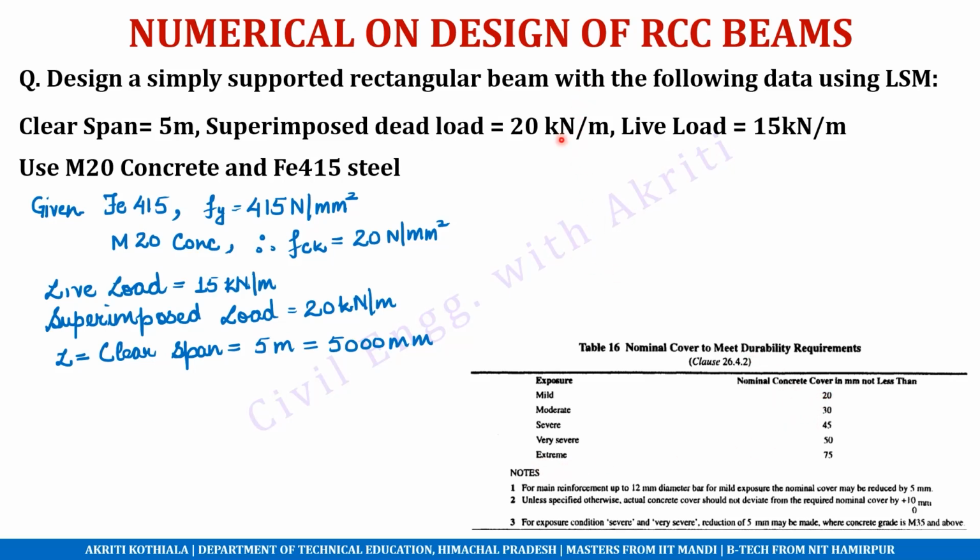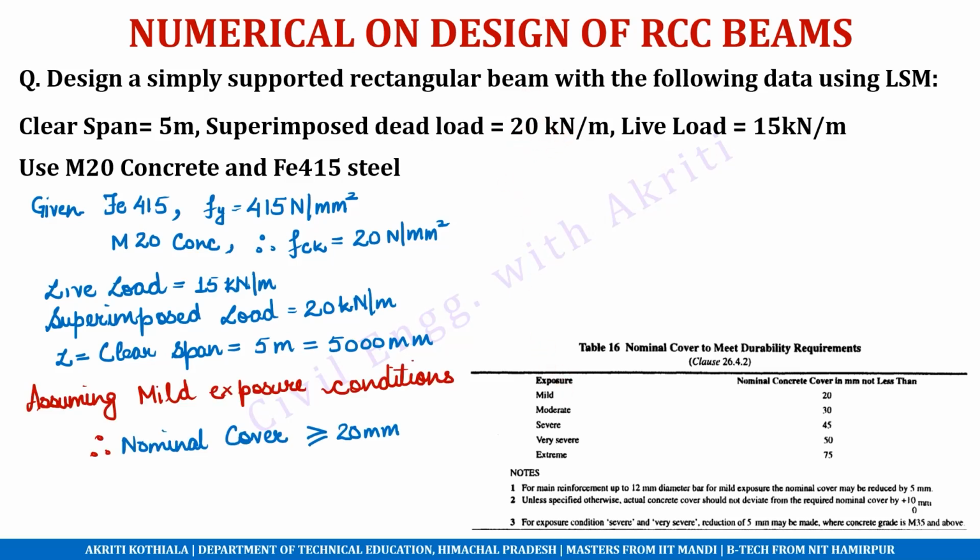Because the question does not mention any exposure conditions, we'll be assuming it to be mild. So in that case, the nominal cover should be greater than or equal to 20 mm, because it is very clearly written that the nominal concrete cover in mm is not less than the value we are choosing from here. So it is simply understood that nominal cover should be greater than or equal to 20 mm if we are assuming mild exposure conditions.